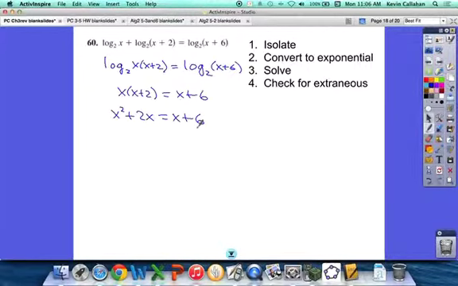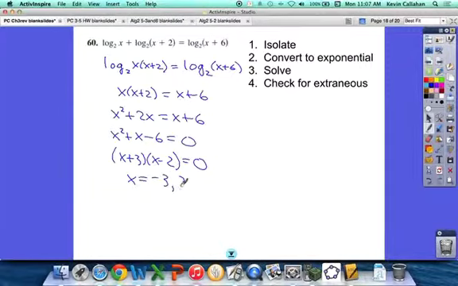That's a quadratic, so the solving part means get everything on one side, 0 on the other. x squared plus x minus 6 equals 0. And then solve it any way you solve a quadratic. Is it factorable? Yeah, that's a pretty basic factor, right? x plus 3 times x minus 2 equals 0. So x equals negative 3 and 2.